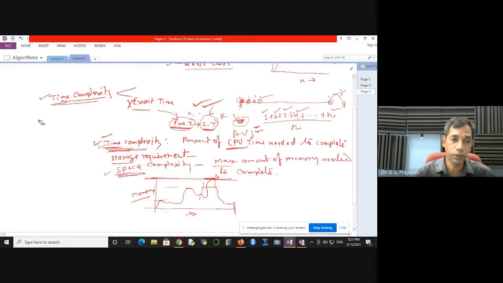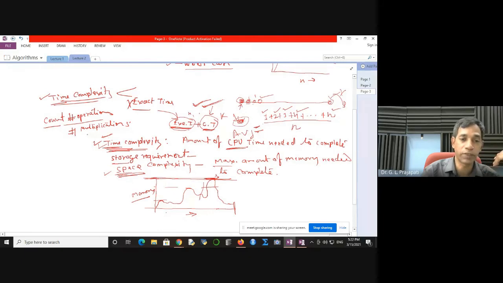So we need to count the number of operations. Why operations? For some algorithms, like matrix multiplication, we may need to count the number of multiplications.